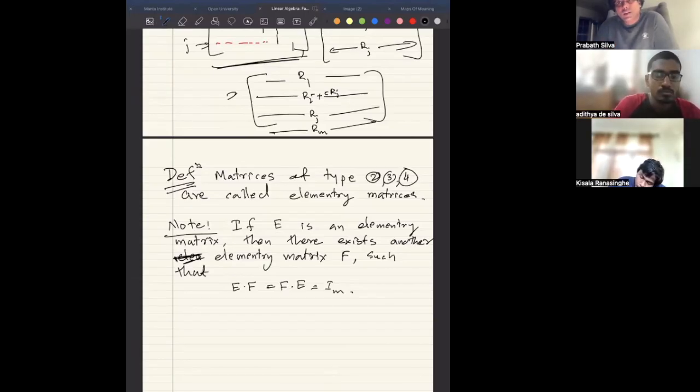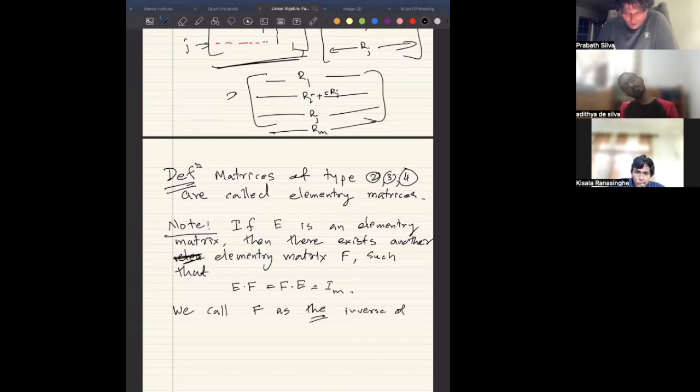Okay. So in this case, we call F the inverse of E. Let's think about this a little bit.